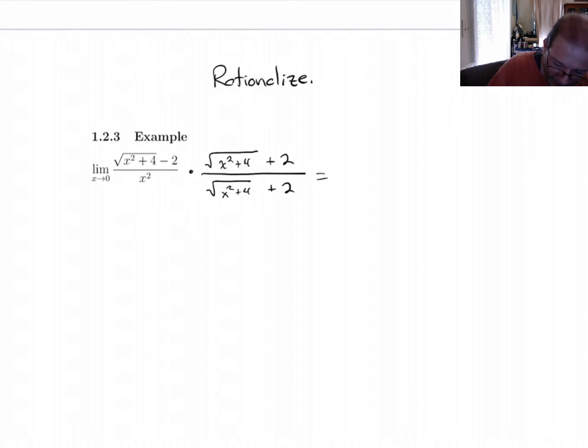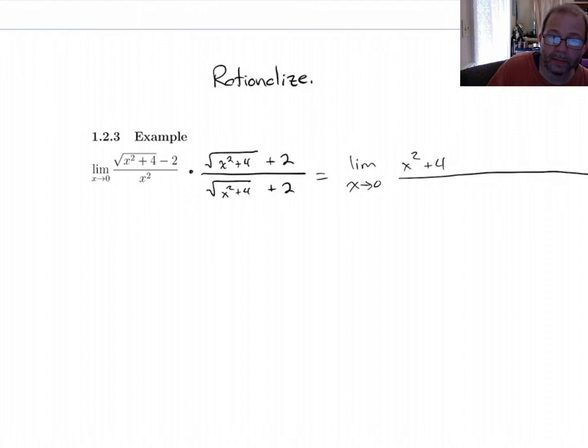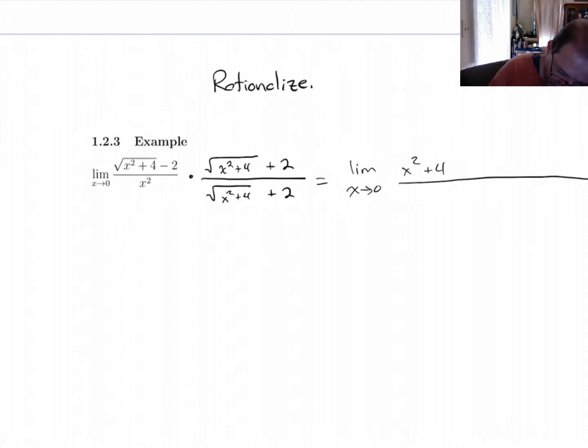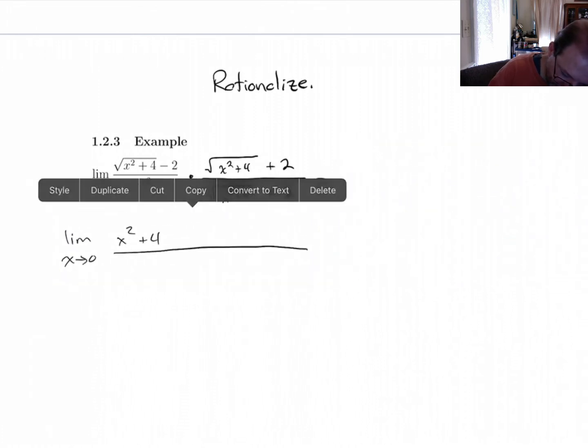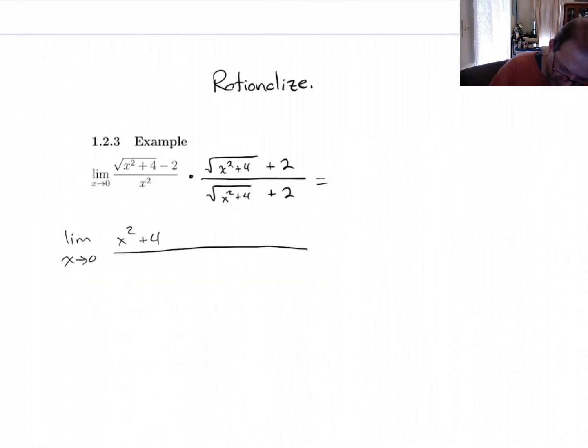When I FOIL the top, I get this times this, which just gives me x squared plus 4. When I do the outside, I get this times 2.